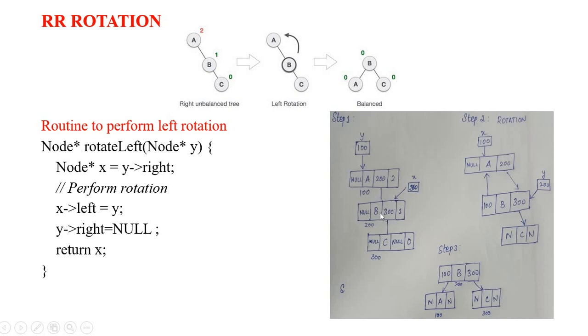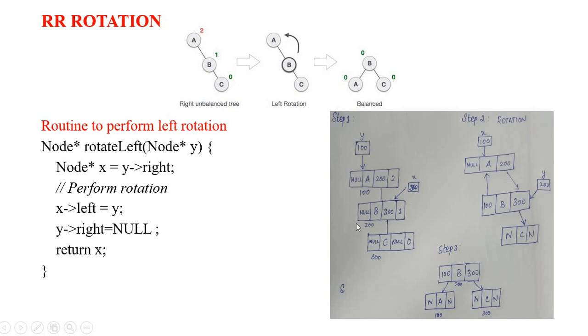If I want to make B's left side to be A, first I have to name B. I know only the root node, so I have to give a name for this particular node. So B is Y's right child, isn't it? Y's right child is equal to X, which means I am making X point to this location. So X's memory address is pointing to this. If the address is 200, X holds 200 now.